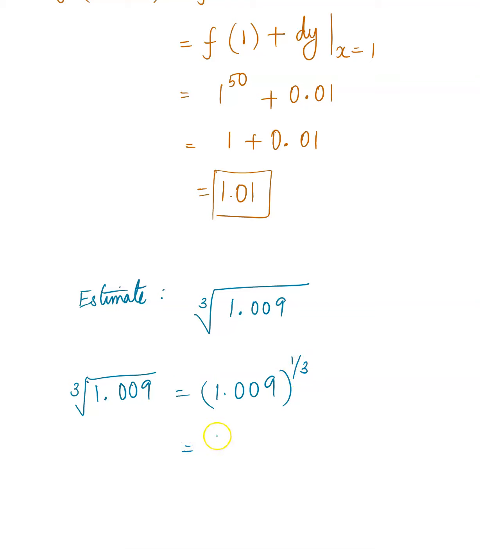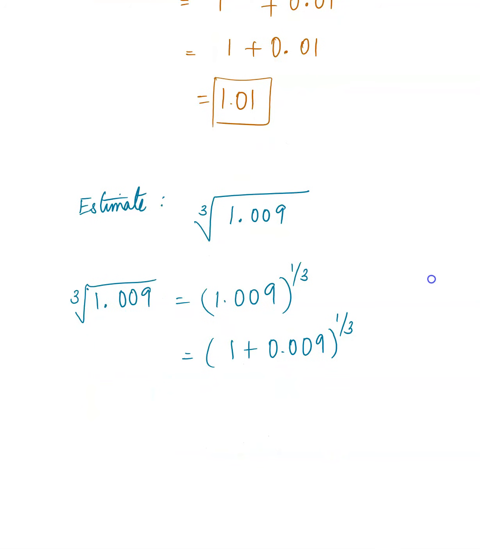Which can be rewritten as 1 plus 0.009 power 1 over 3. I'm separating the 1 and the decimal part.